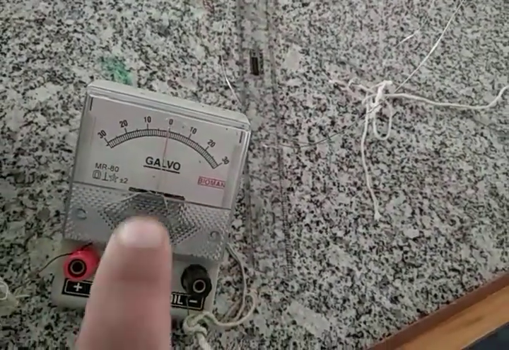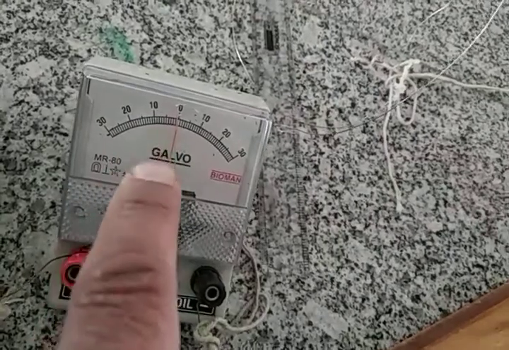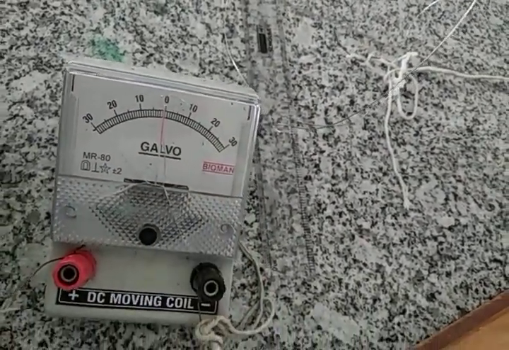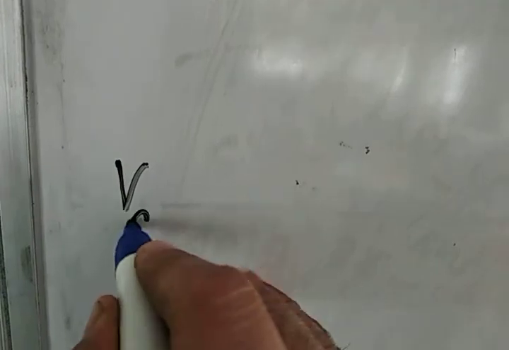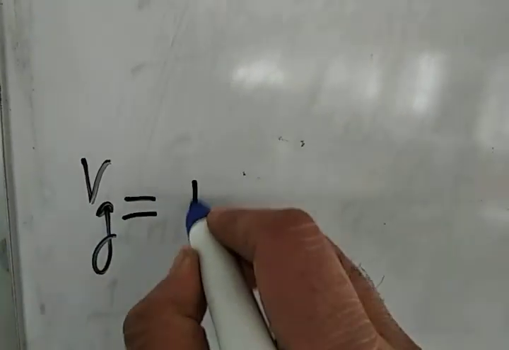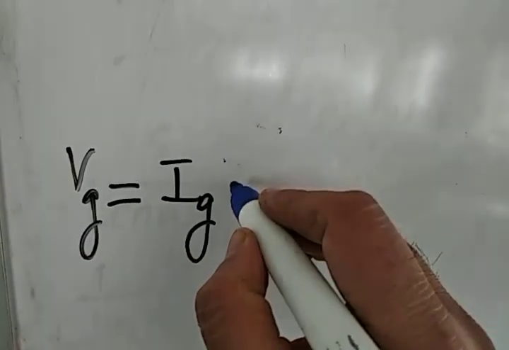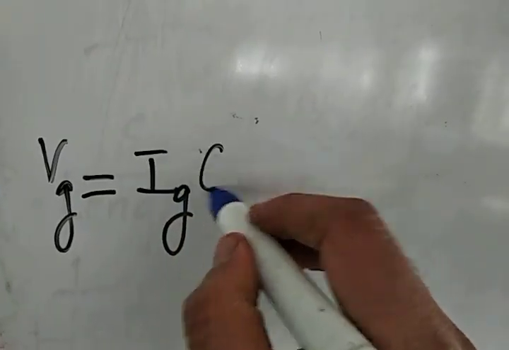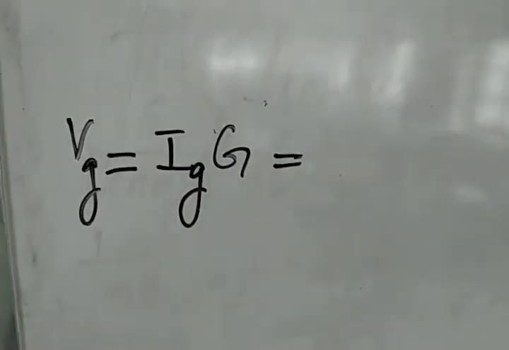If somebody asks what the maximum voltage is that this galvanometer can measure, we can find that out. That maximum voltage Vg we could write as simply Ig times G, the current times the resistance of the galvanometer.